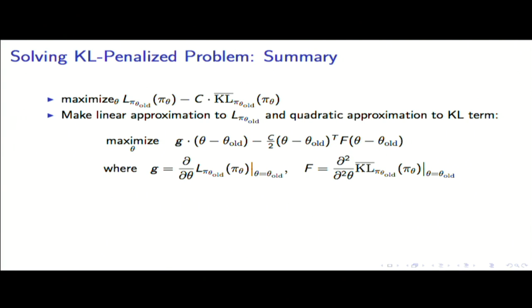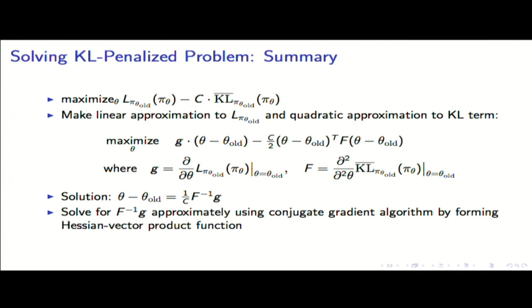Now we're maximizing this quadratic form, and what we get is that our step is just 1 over a constant times F inverse g, where F is the second derivative of the KL divergence, and g is the gradient. Since we are never forming F explicitly and we're not solving this exactly, we're going to solve for this term approximately using the conjugate gradient algorithm, by forming the Hessian vector product function and then using that for conjugate gradient.